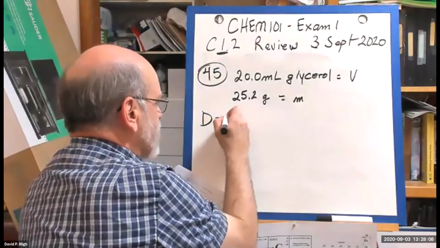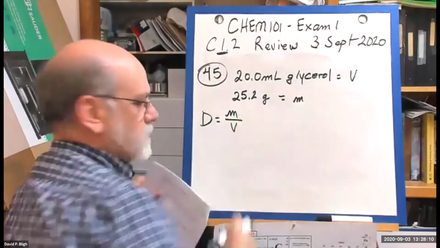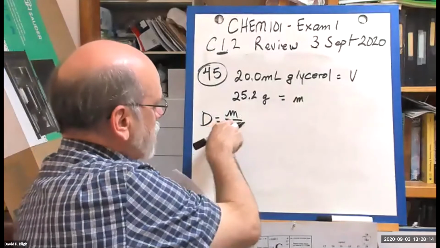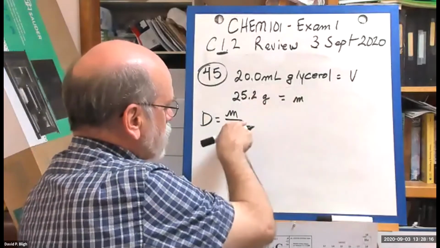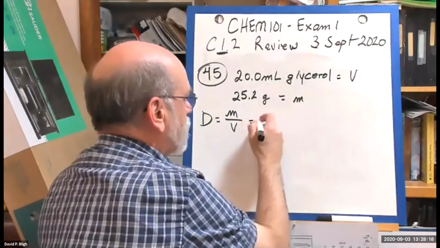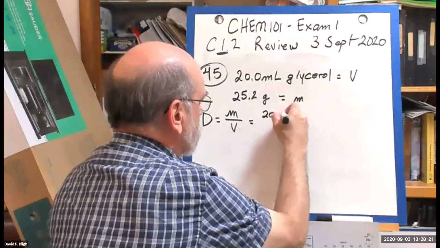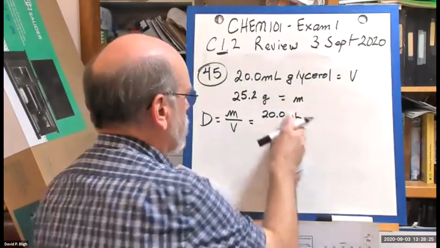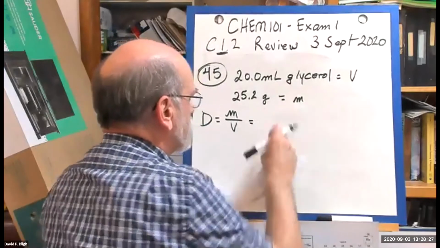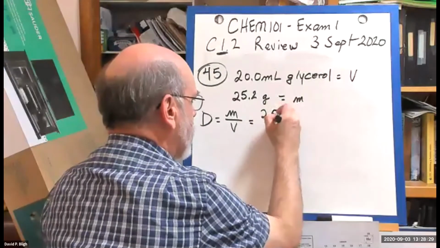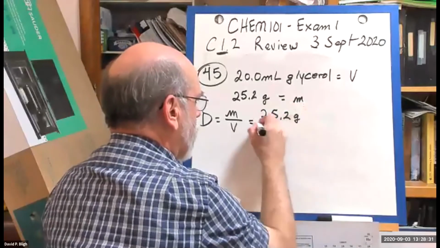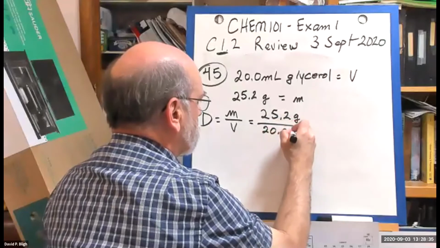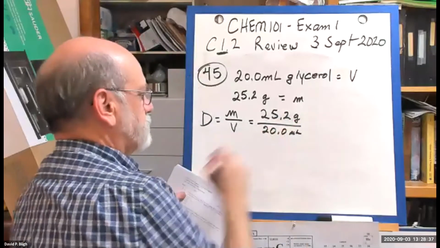So the expression density operates here. You have a mass, and you divide it by a volume, 20.0 milliliters. Oops, my mistake. Mass, 25.2 grams per 20 milliliters.